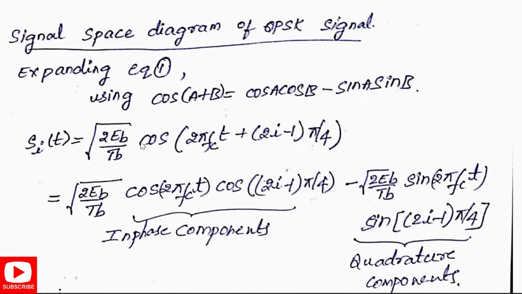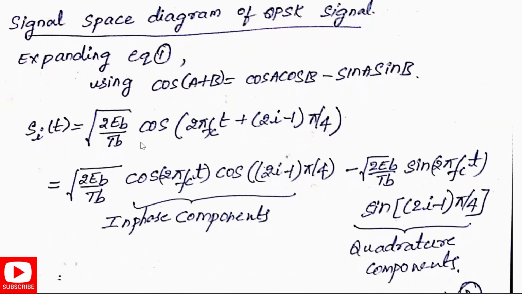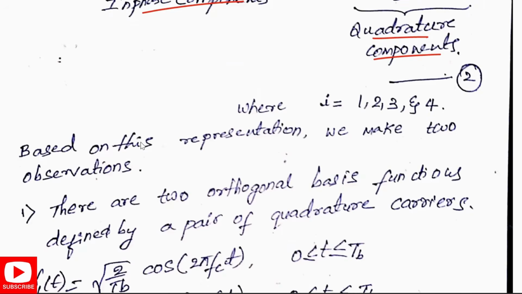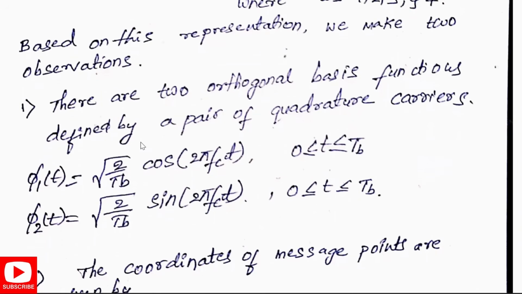Next comes the signal space diagram for this. Expanding equation 1, we get Si of t as this. Using the formula for cos of A plus B, we open this expression, and we get the in-phase components as well as the quadrature components. This will be our equation 2. Based on this, we make two observations.